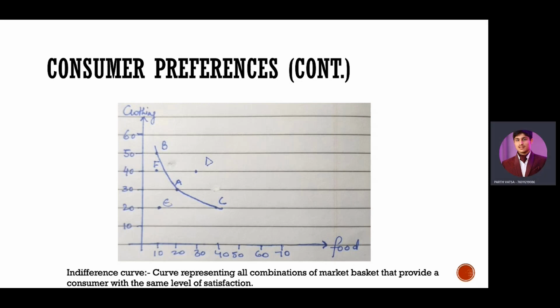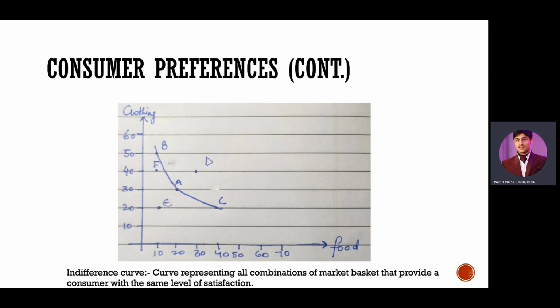Now, talking about market baskets D and E. In an indifference curve, you can take it in layman's language that the more the basket is towards the axis or the origin, the lesser the utility is. The farther it is from the axis and the origin, the higher the utility is.